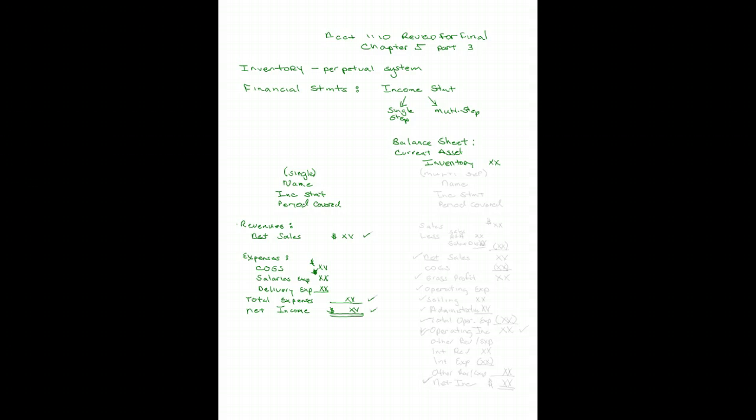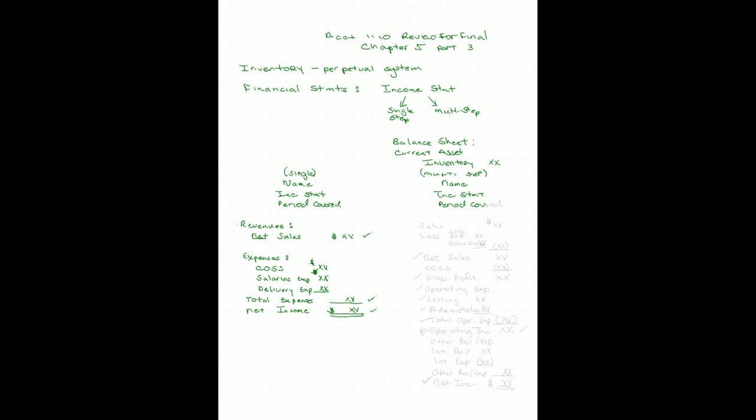So now I'm going to do another income statement for you, and this time it's going to be under the multi-step method. This one's more work, but I like it better. And like all income statements, it will start with the name. It will identify what statement it is. And then it will show the period covered.